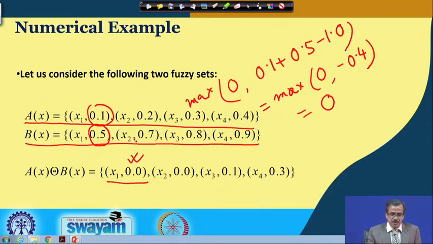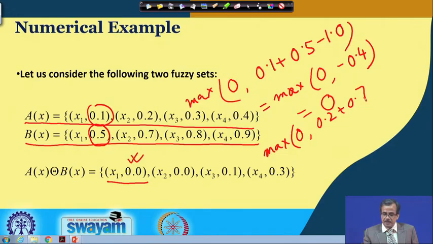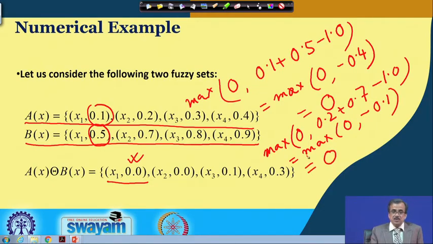Then corresponding to x2, you will have to find out the maximum between 0 and 0.2 plus 0.7 minus 1.0. So, this is nothing but the maximum between 0 and 0.9 minus 1.0. So, this is nothing but minus 0.1 and the maximum value is 0.